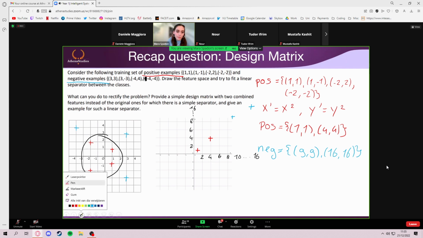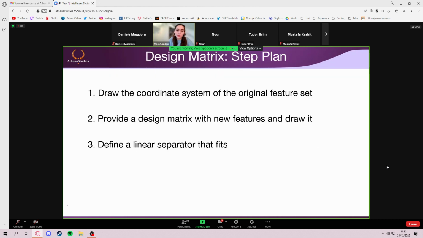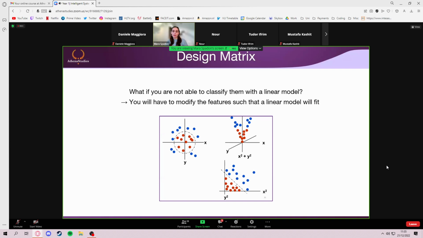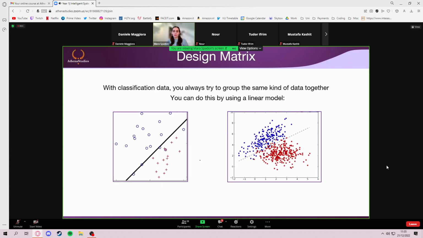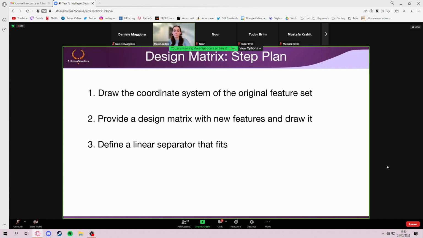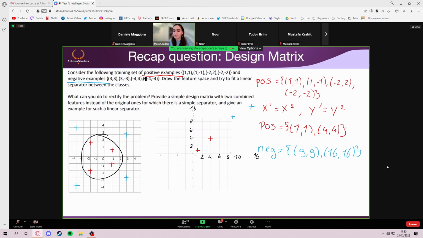So could anyone give me an example of a linear separator? So that is our third step. Define a linear separator that fits. So here you can see it could either be like that. It could be like that. It can also be straight. It could be a straight line. So I feel like that is the easiest in our case. So what function could I define here for a linear separator? f(x) is 6, exactly.